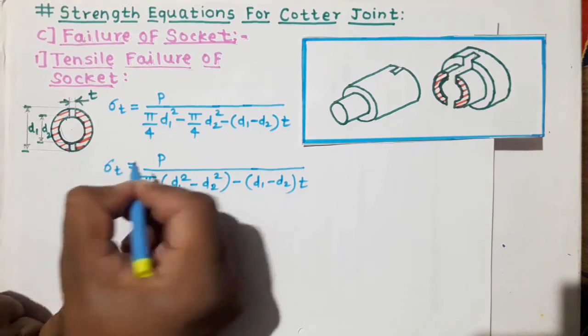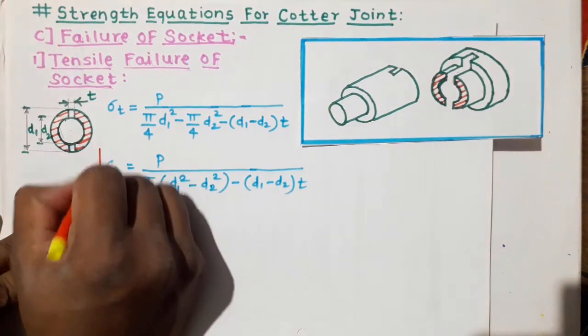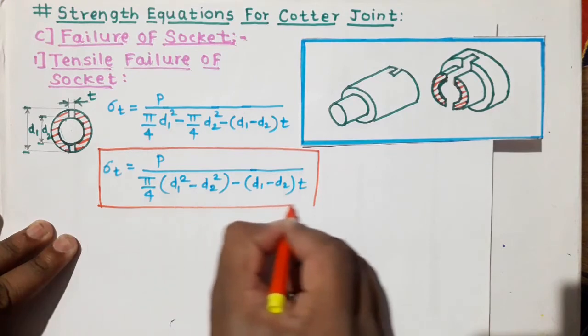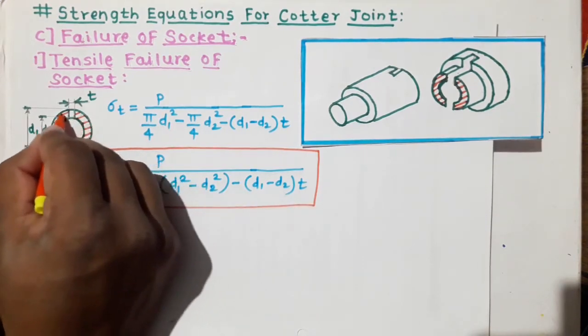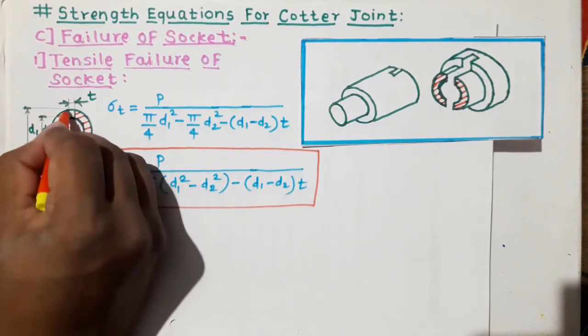So this is the tensile stress equation for socket, and in this equation sigma t is the tensile stress induced in the socket, P is the external applied load, d1 is the outside diameter of this socket, d2 is the inside diameter of socket, and t is the thickness of slot.